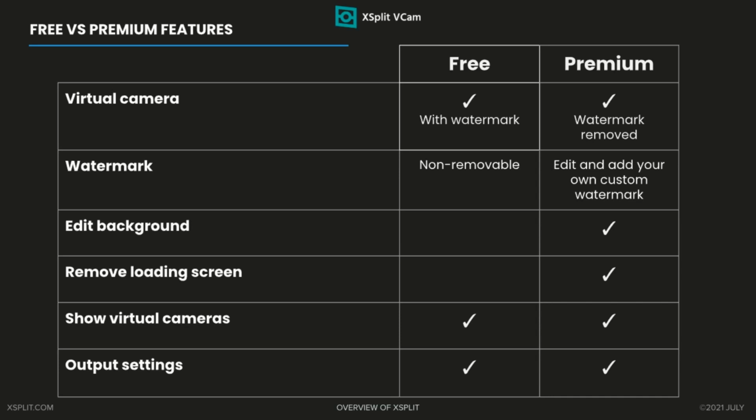You could even change the settings, like what's on the background, and even remove the loading screen. So for both, everything else is still just the same. You can use them for as long as you like on the free, and you can even see the virtual cameras even on the free version and change the output settings as well.